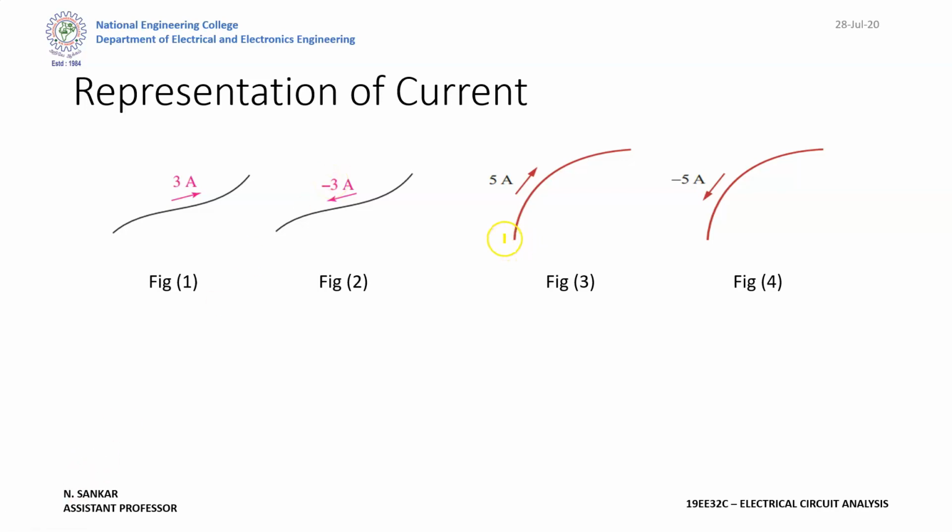For example, 5 ampere is moving from here to here, so the arrow will be like this. The same 5 ampere can be represented as minus 5 ampere if it is flowing like this.